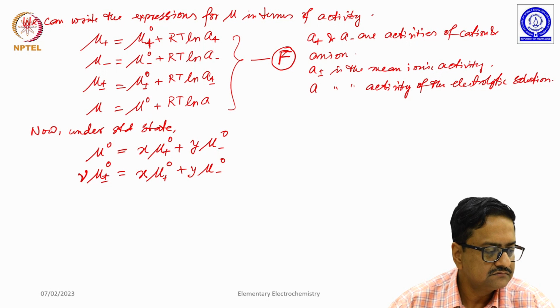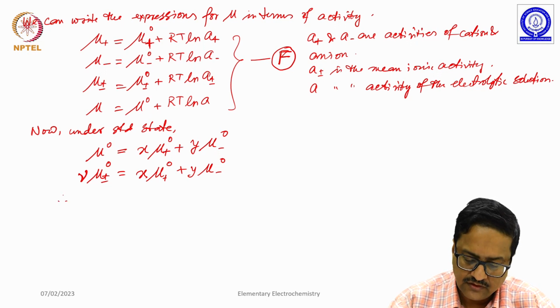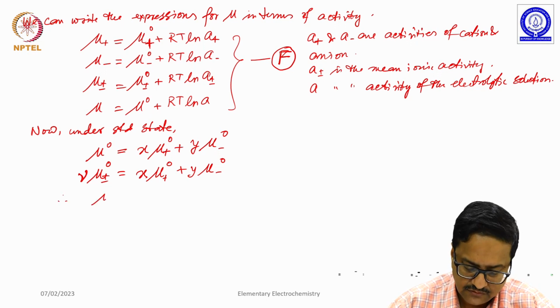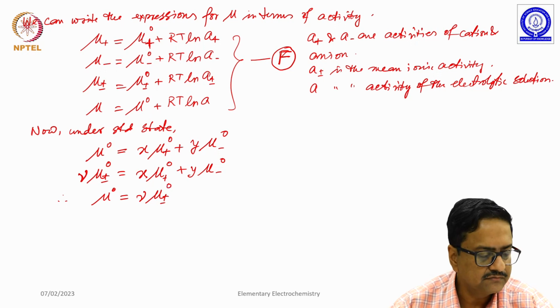Therefore, you can write that mu 0 is equal to nu into mu plus minus 0.